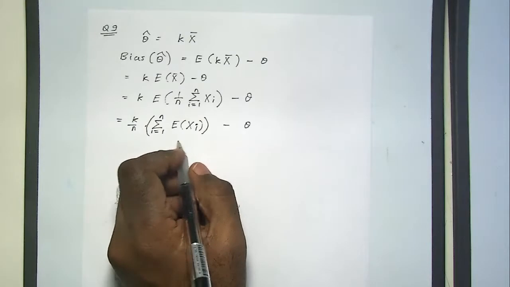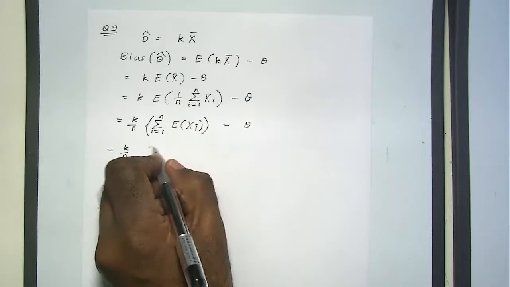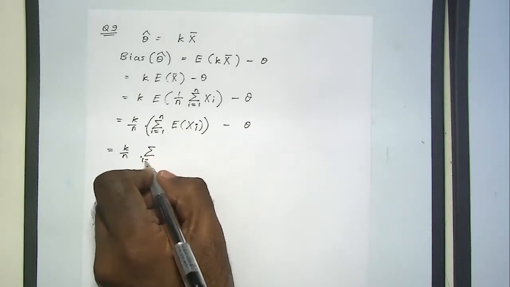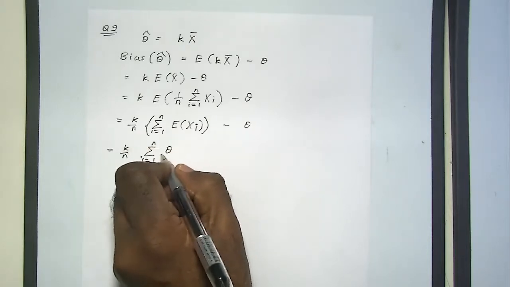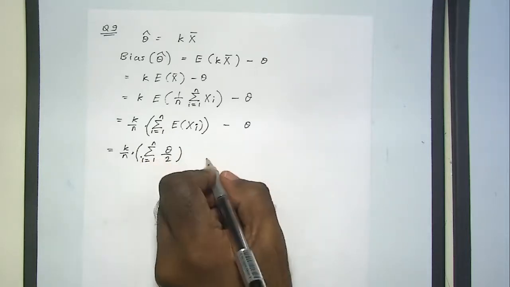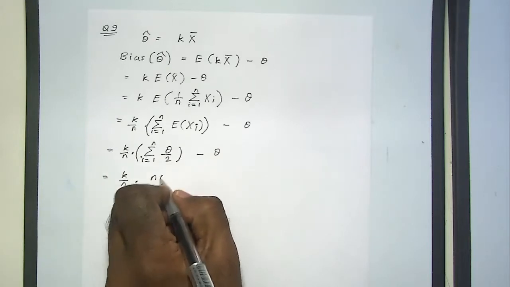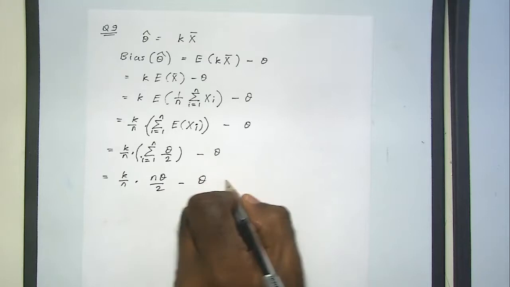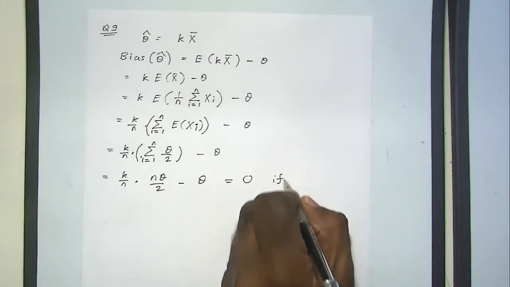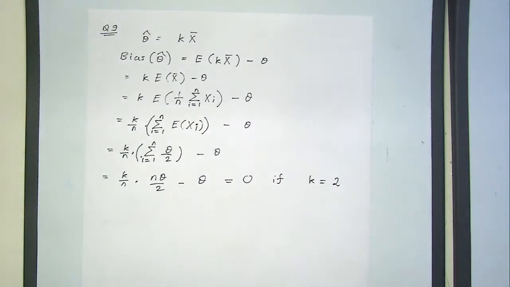Now, for the uniform variable 0 to theta, the expectation, I'm sure all of you know, is theta by 2. So this will be k over n times n theta by 2 minus theta. And this is 0 if and only if k is equal to 2. So the answer is k is 2, right? Sure, all of you got that right.